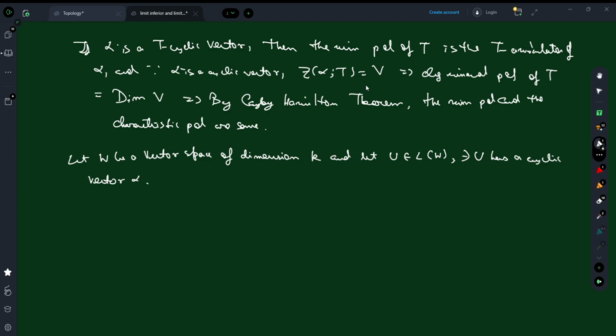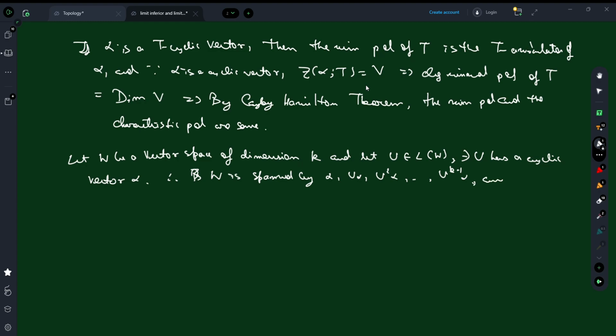But Z alpha T is exactly equal to W here. So W will have the basis alpha, U alpha, and so on till U to the power k minus 1 alpha. Therefore, W is spanned by alpha, U alpha, U square alpha, and so on till U to the power k minus 1 alpha.